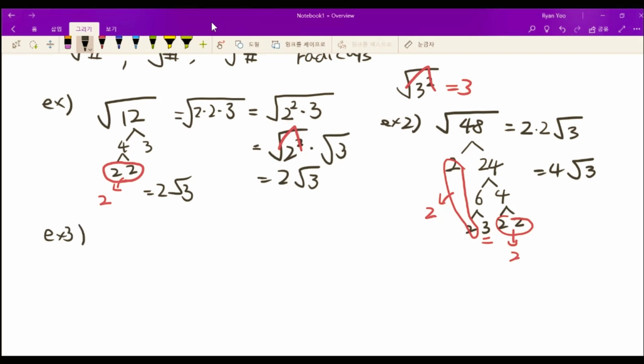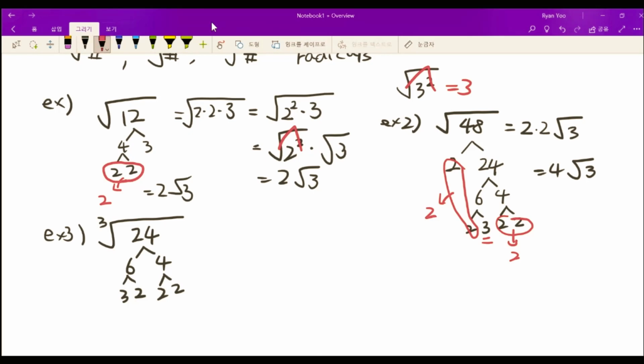And example 3. What if you have the cube root of 24? We do the same thing. 24, you have 6 times 4 is 24. 4 is 2 times 2, and 6 is 3 times 2. Since it's a cube root, earlier when it was a square root, we paired them, we needed exactly the same two numbers.